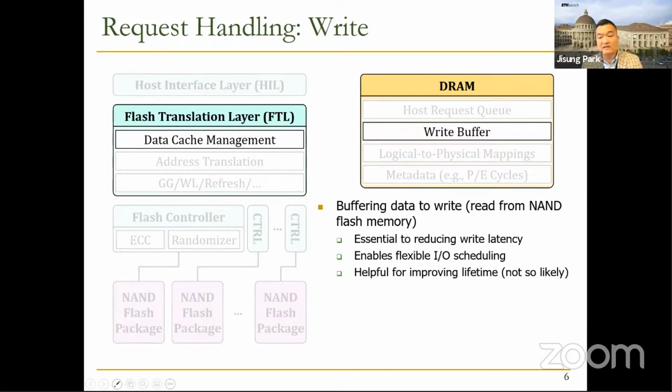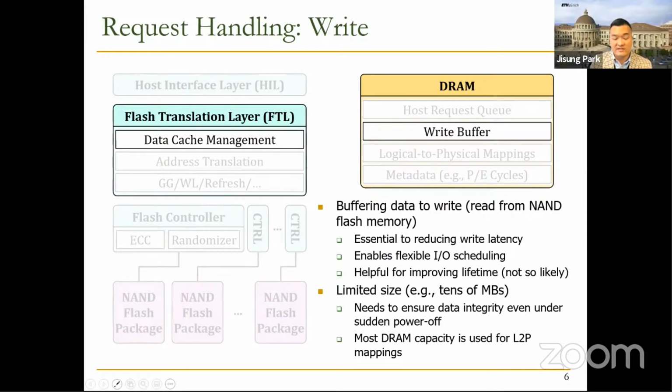But I would say this may not happen so frequently, as data locality is not so high at the storage device level, since the I/O requests with high locality are usually filtered out by the host-side I/O buffer, such as the OS-level page cache.